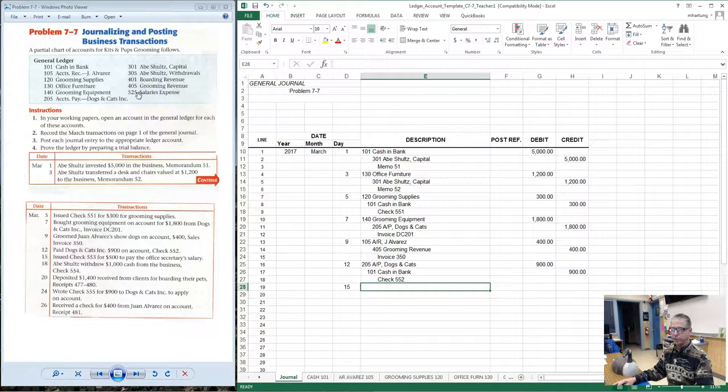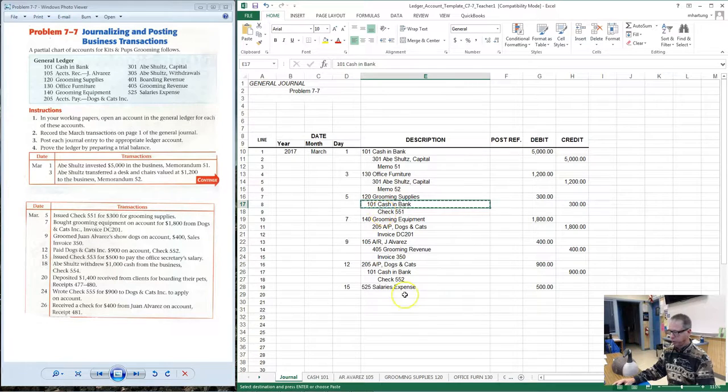We increase expenses with a debit. Yes. So that's account 525, salaries expense, $500.